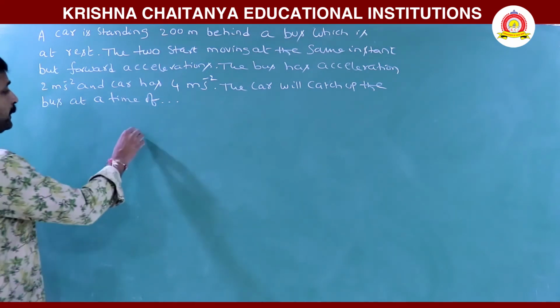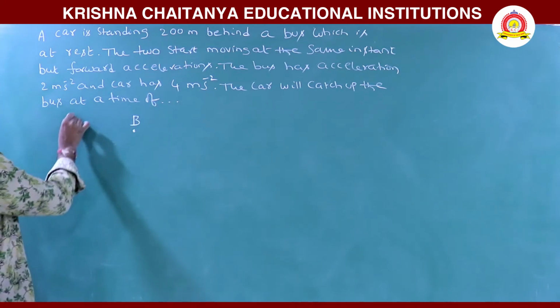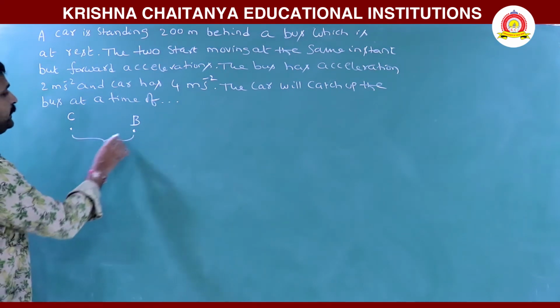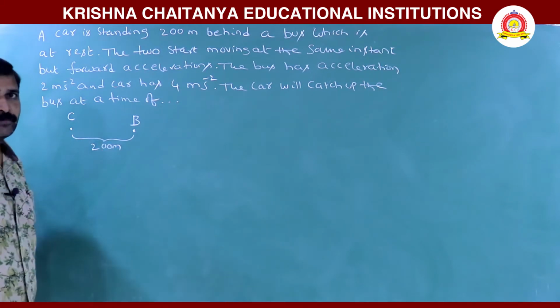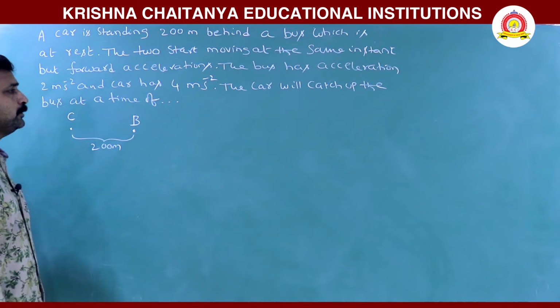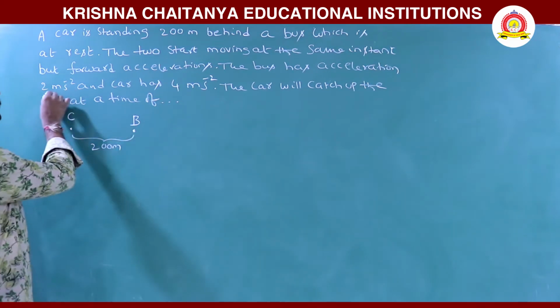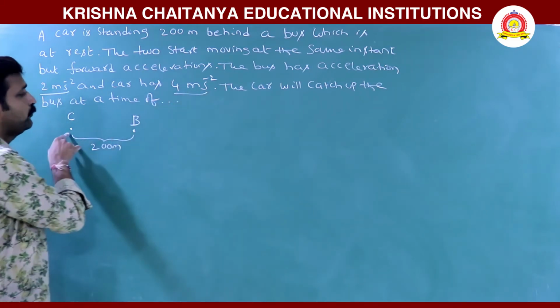The question given is, here is a bus, here is a car. Initially both are at rest. Now the separation between them is 200 meters. So here both move from rest, and the bus moves with an acceleration of 2, the car has more acceleration, 4.